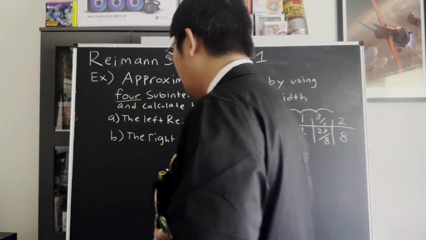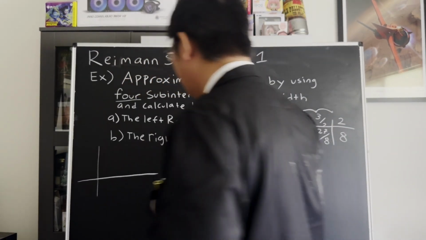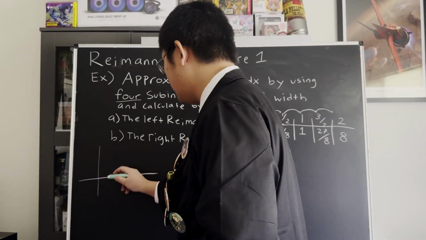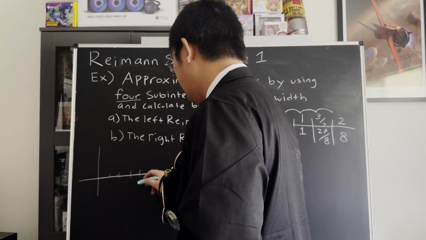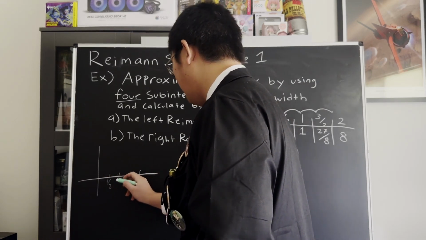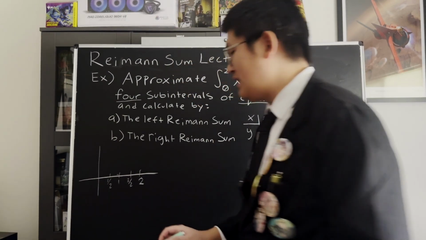So let's see here if we can put that together. And again, something very simple here. Okay, we'll understand that this is a x to the 3rd power function. So we'll just go ahead and do 5 different points here. So 0, 1/2, 1, 3/2, and then 2, that is. 8 will be the actual height.